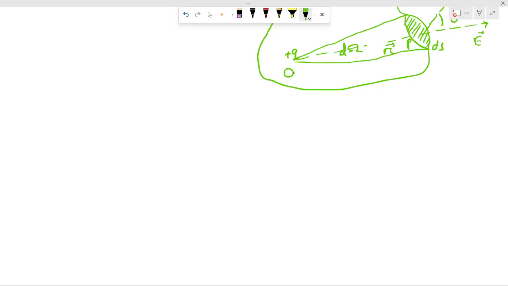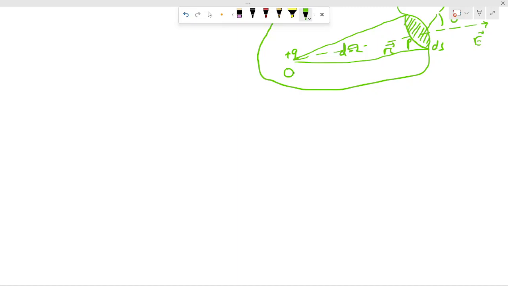As you know, we denote the permittivity of free space as epsilon naught. And consider a small area ds, as I have considered here, surrounding the point P.